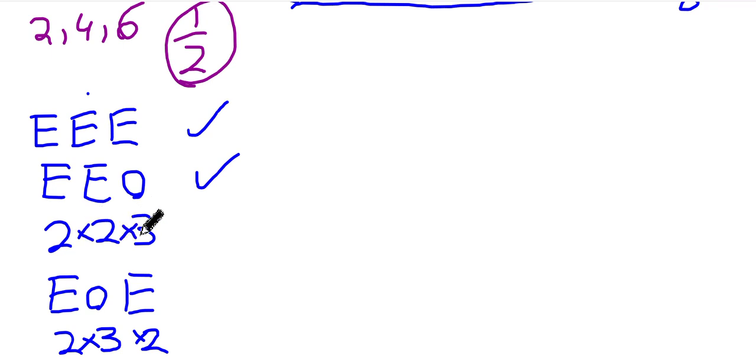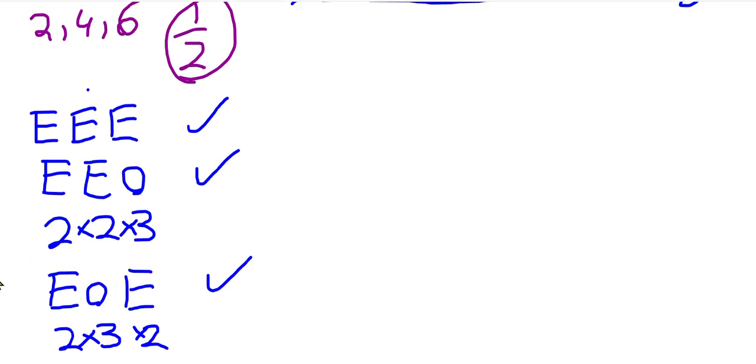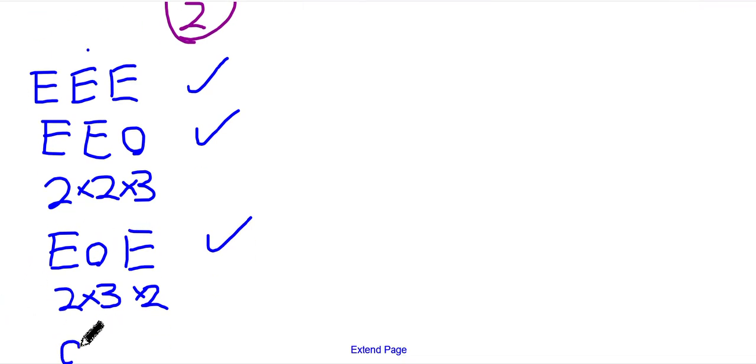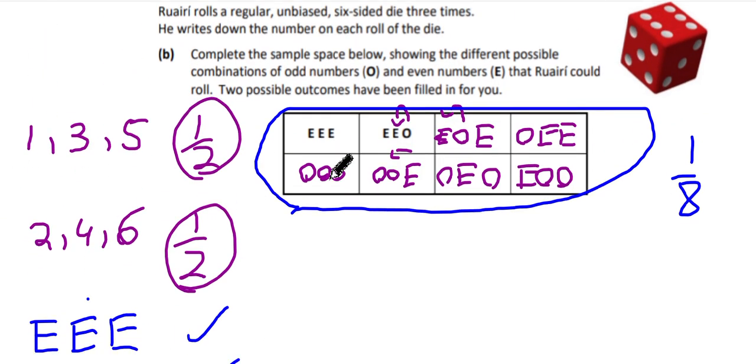What you reckon? Even. We're happy with that as well, aren't we? I think we're happy when there's 2 evens, aren't we? So I think the other one's going to be good as well. What's the other one? OEE. Sure, that's half of them already. These 4 all give even numbers as an answer.